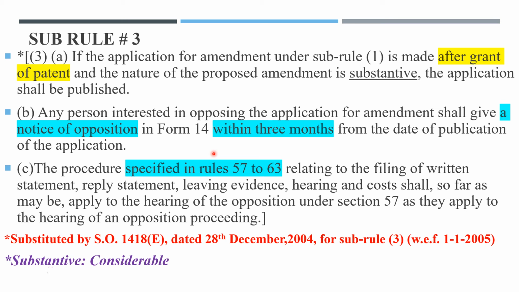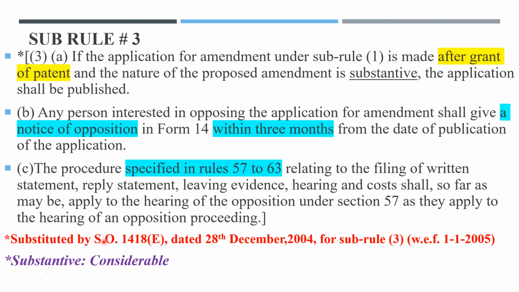And clause C says the procedure specified in rules 57 to 63 relating to the filing of written statement, reply statement, leading evidence, hearing and cost shall so far as may be apply to the hearing of the opposition under section 57 as they apply to the hearing of an opposition proceeding. Okay, just observe this. So far as may be applied to the hearing of the opposition under section 57. Opposition under section 57.